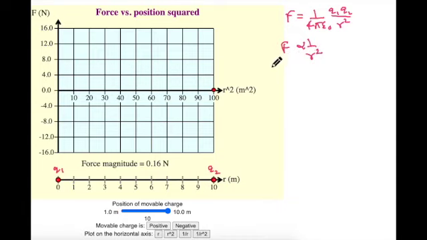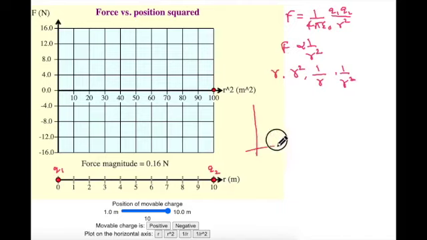So in this simulation we will see how the force varies with respect to the position, with respect to the square of the position, with respect to 1 by r, and also with respect to 1 by r square. These four types of variations of the force, let us see using a simulation. Now let me plot the four graphs.